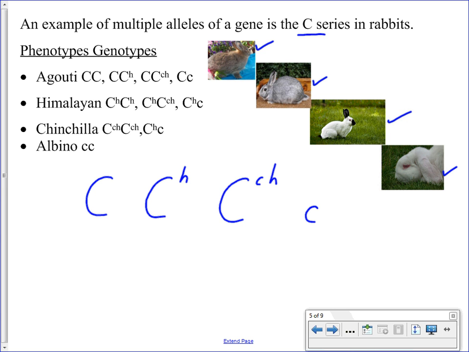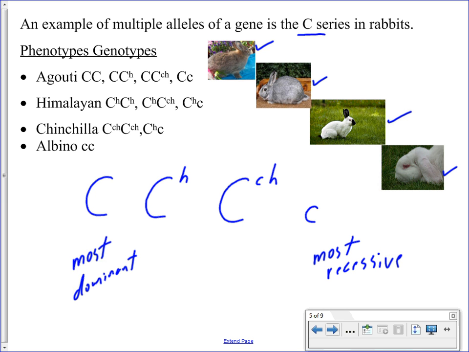I have written them in this order for a reason. The one at the far right-hand side is the most recessive. The one at the far left-hand side is the most dominant. And the other two fit somewhere in between, and in fact they do fit in this order.